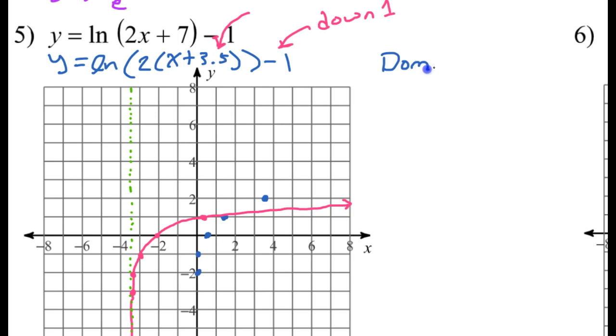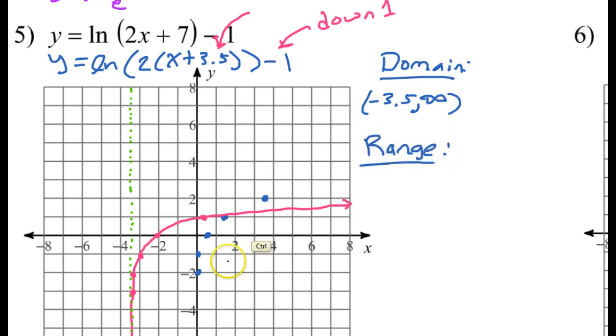Okay, the domain is going here from left to right. That's going to be negative 3.5 to infinity. The range, all right, that's the y values from bottom to top. That's negative infinity to positive infinity.